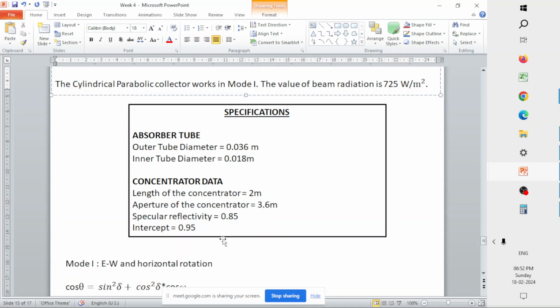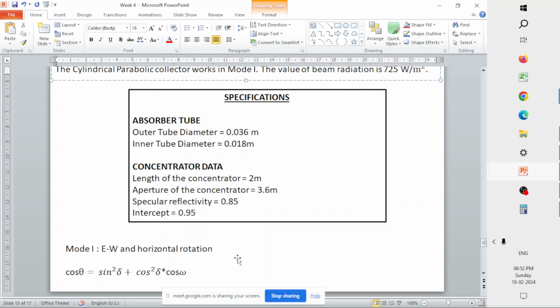This intercept value will always be approximately close to 1, because the majority of the radiation incident onto the parabolic collector will get reflected, so that the receiver system can maximize the amount of solar radiation that it can absorb.